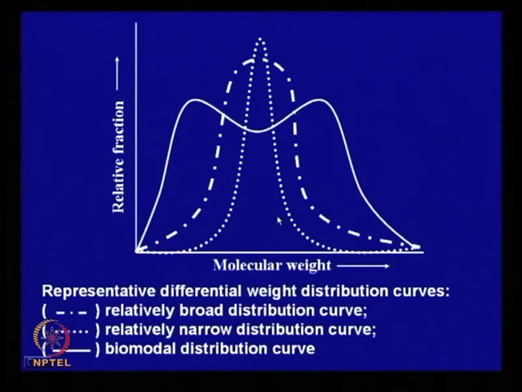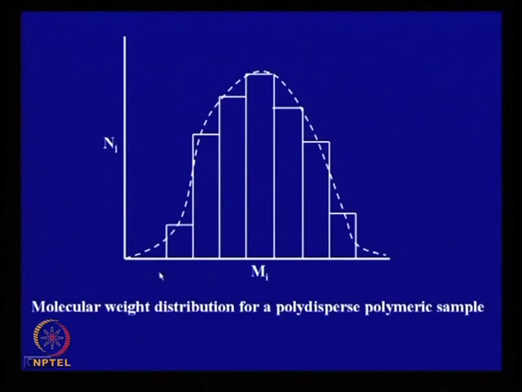We will see gradually. Now, you see this is another distribution curve based on number counts, the number of molecules of different species, the ith species, with their molecular weight. So, this is a distribution curve; how it can be evaluated for a polydispersed sample.